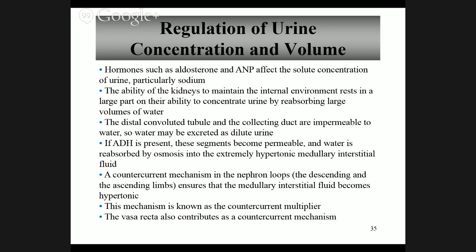A countercurrent mechanism in the nephron loops, the descending and ascending limbs, ensures that the medullary interstitial fluid becomes hypertonic. This mechanism is known as the countercurrent multiplier. The vasa recta also contributes as a countercurrent mechanism.